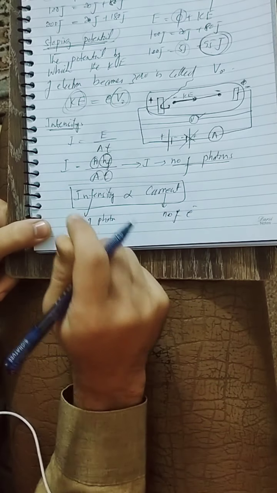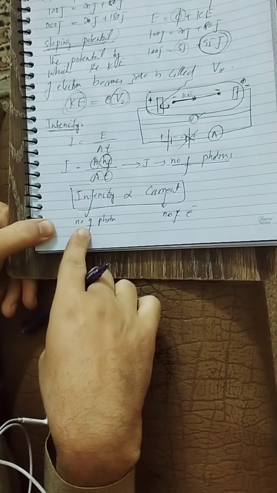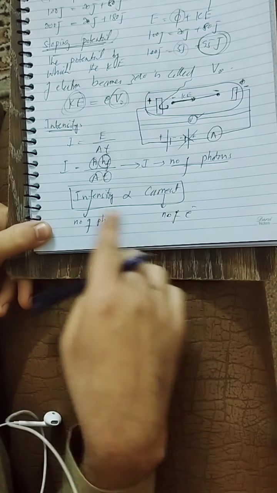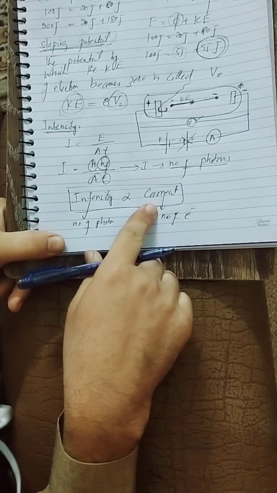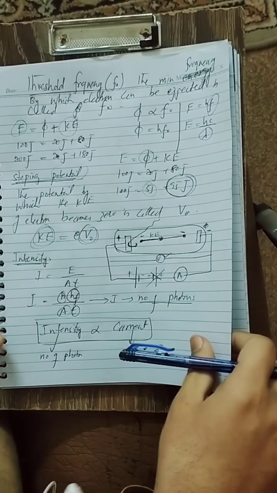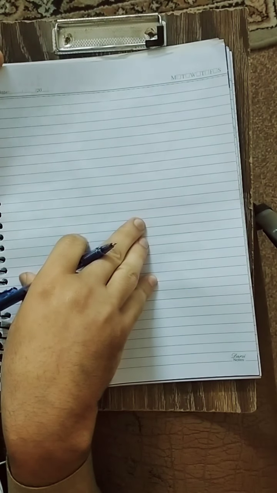Whenever we increase the number of photons, the number of electrons will increase, so intensity is directly proportional to photocurrent. So the magnitude of current depends upon the intensity of light. If you increase the intensity of light, the magnitude of current will increase.